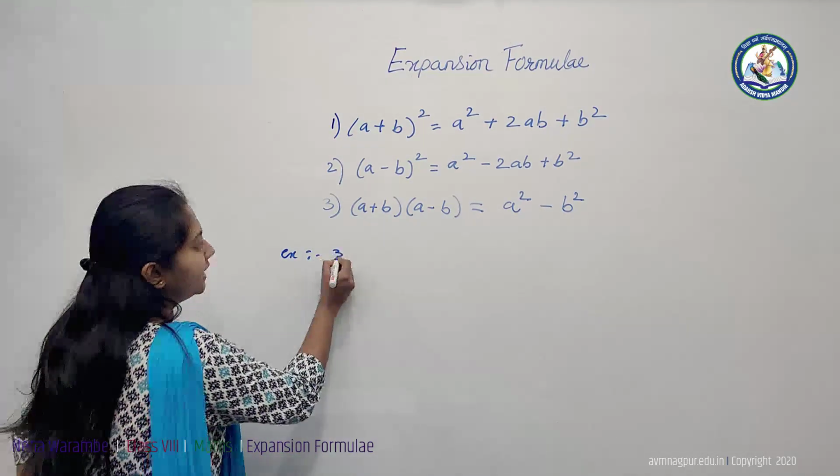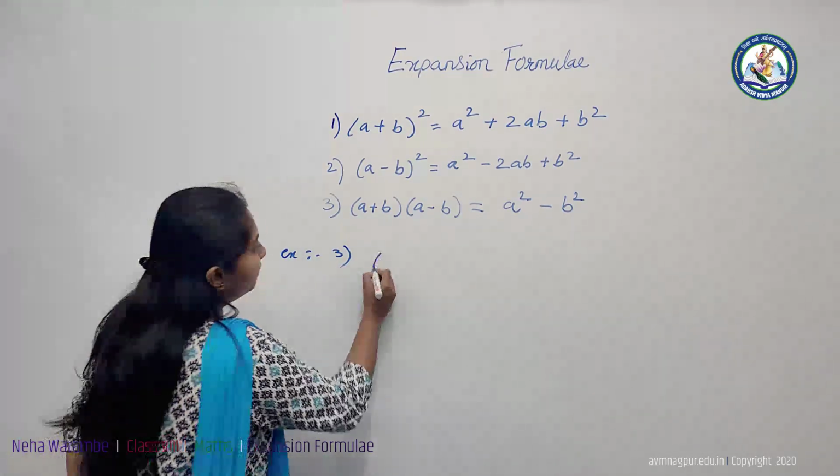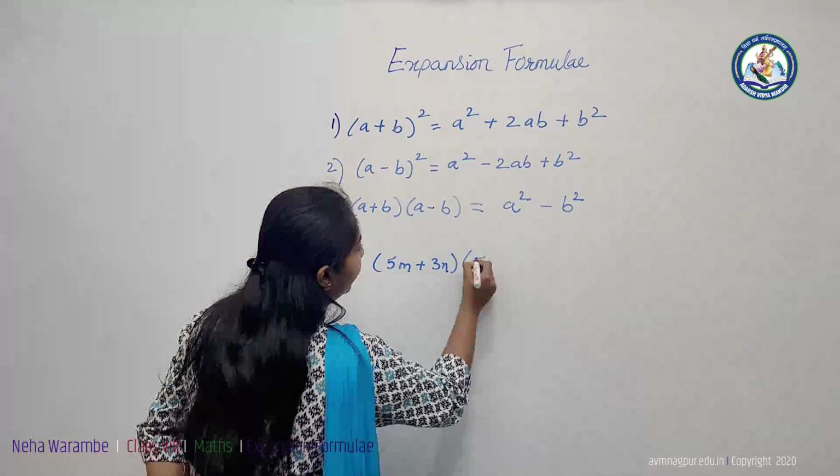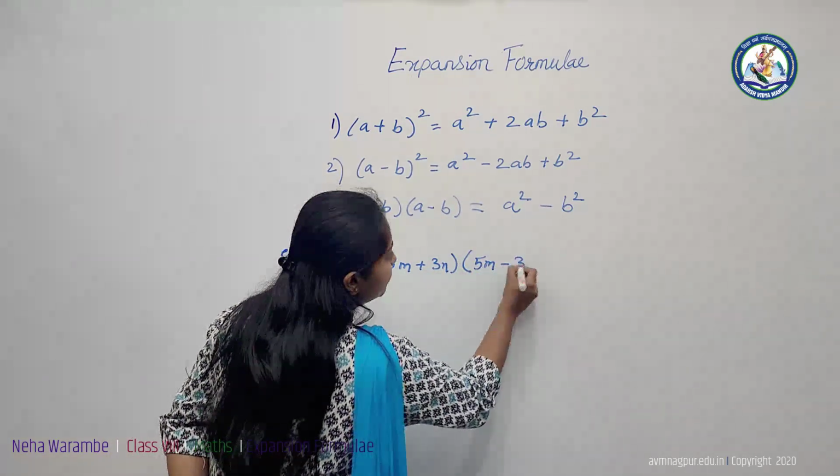The next is the third example, that is (5m + 3n)(5m − 3n).